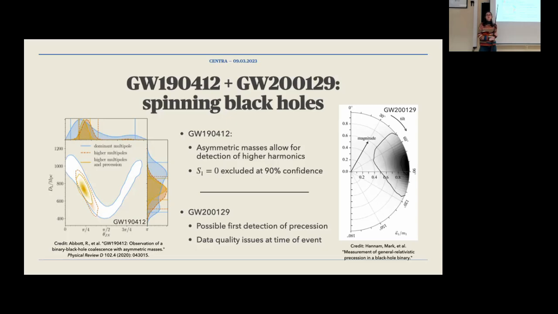But this is for one event, right? Yeah. So with gravitational wave detections, we have huge uncertainties in a lot of our parameters, particularly the distance.